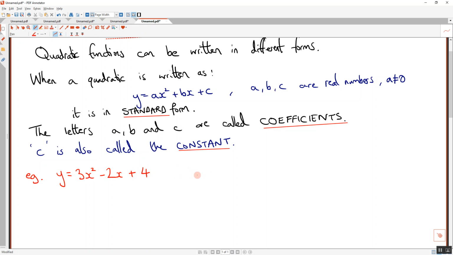So there's our quadratic, it's in standard form. If I was going to write the coefficient of the x term, what's the coefficient of the x term in this example?